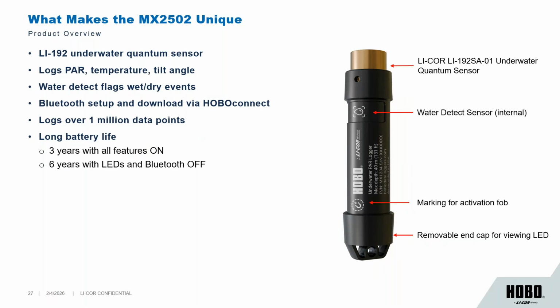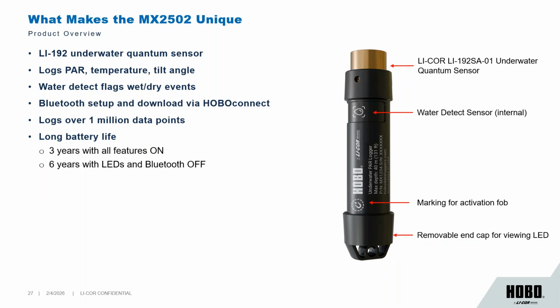As Elizabeth mentioned earlier, the Li-192 sensor itself allows you to measure PAR in air and underwater, but they have different coefficients. So if you have it set up to measure underwater light, but then it's above water, the data may not make sense to you, for example.